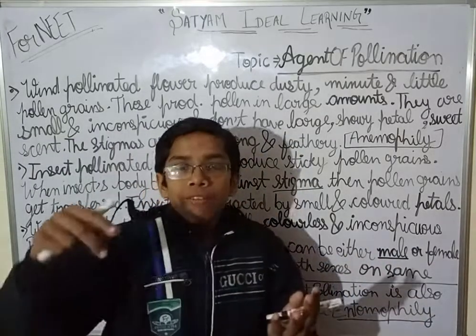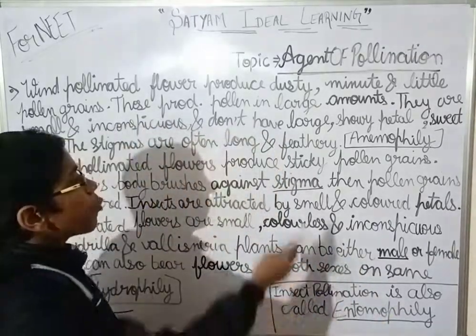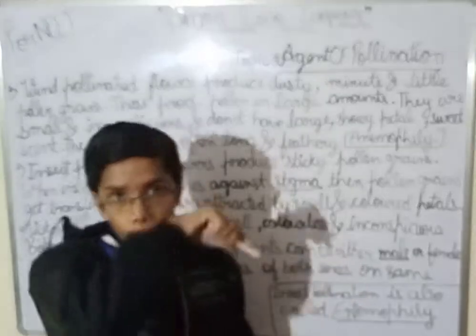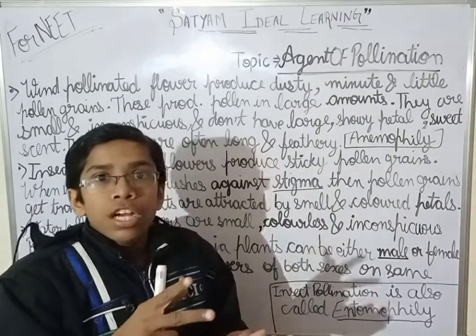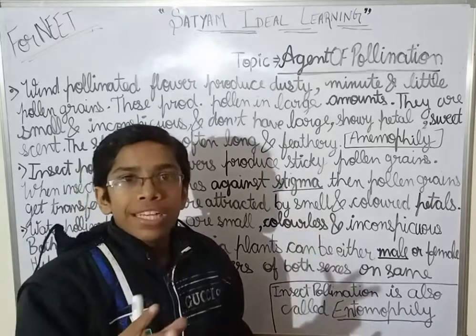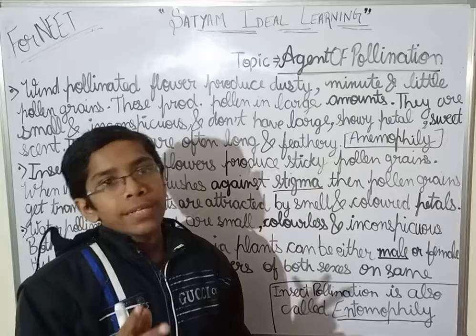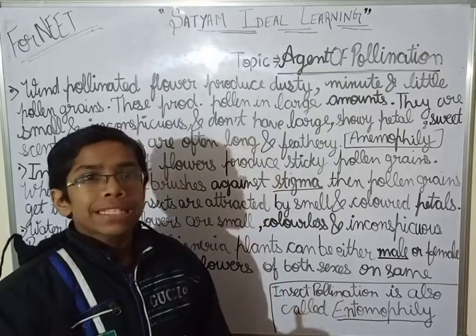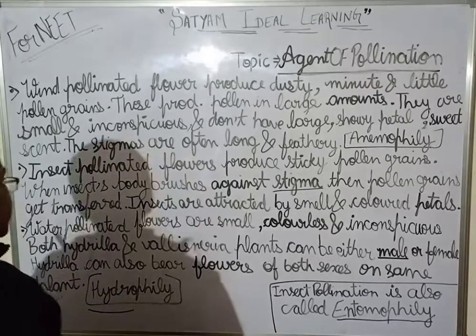Now what happens when it comes to the plant to take nectar? I have told you that the pollen grains are sticky, so they attach to the insect's body. When the insect has taken nectar, it goes to another plant.